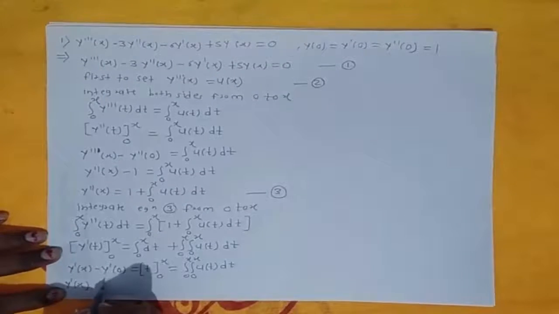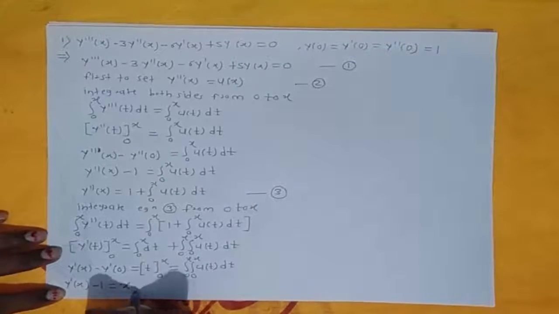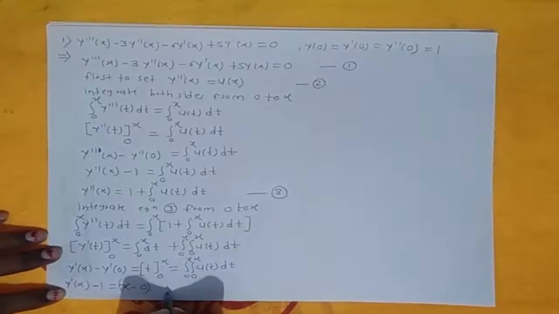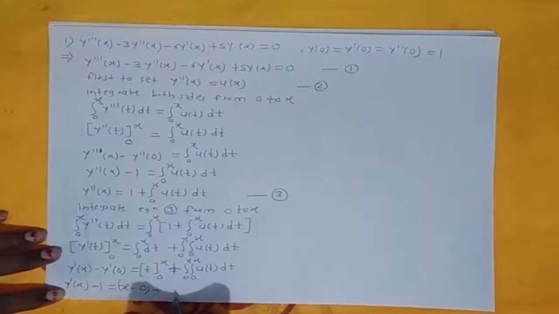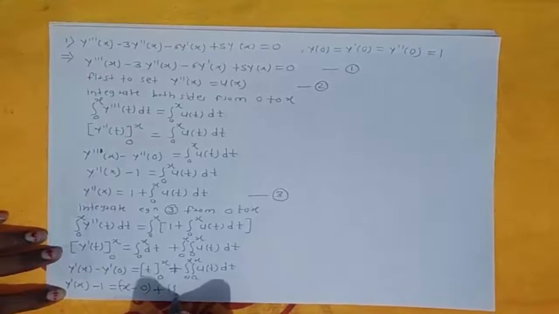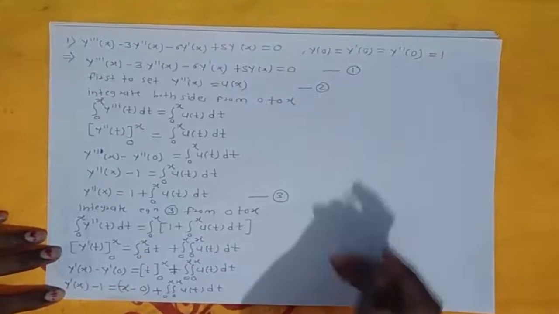Here we get y dash of x minus 1 is equal to x minus 0 plus double integral from 0 to x u of t dt.